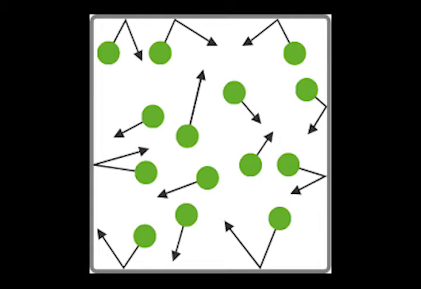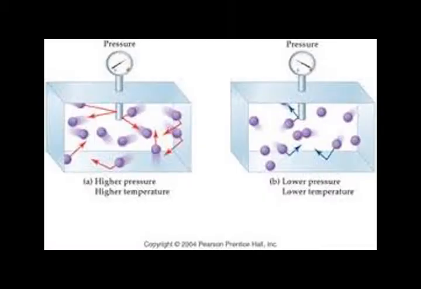So what happens with all of this is kinetic energy is just transferred from one particle to another as they hit and change directions and collide and change directions. The energy of motion just keeps getting transferred between the particles. When collisions of gas particles increase, it causes pressure.